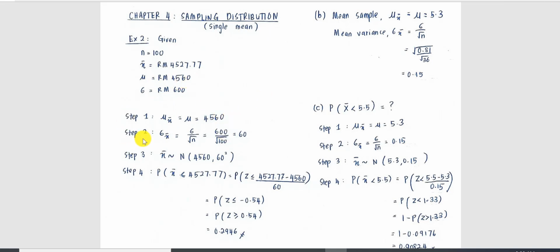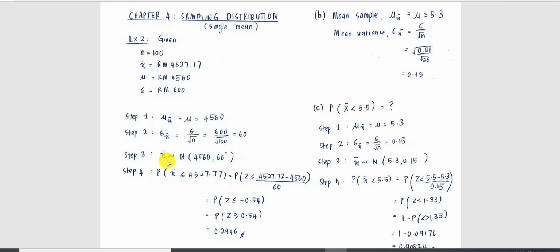For step 2, your standard deviation of sample is equal to the standard deviation of the population divided by the square root of n. So 600 divided by the square root of 100, then you get 60.